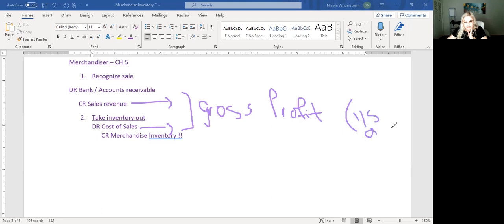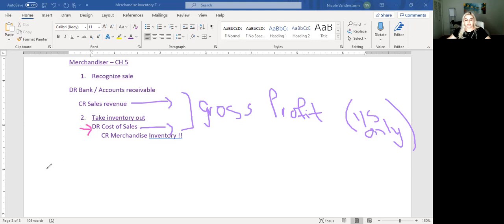All right. Now, one more point. How do we determine the value of the inventory that we are selling? This cost amount for cost of sales is normally something that is calculated separately. We don't just turn around and take totals.